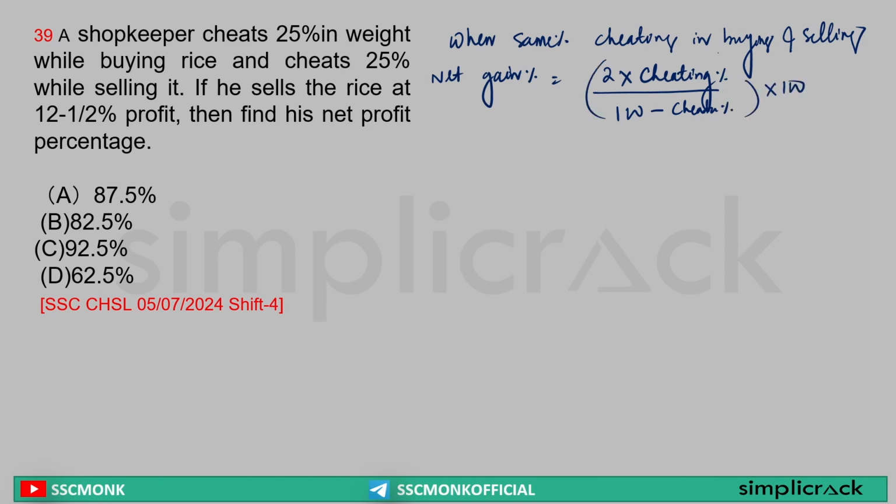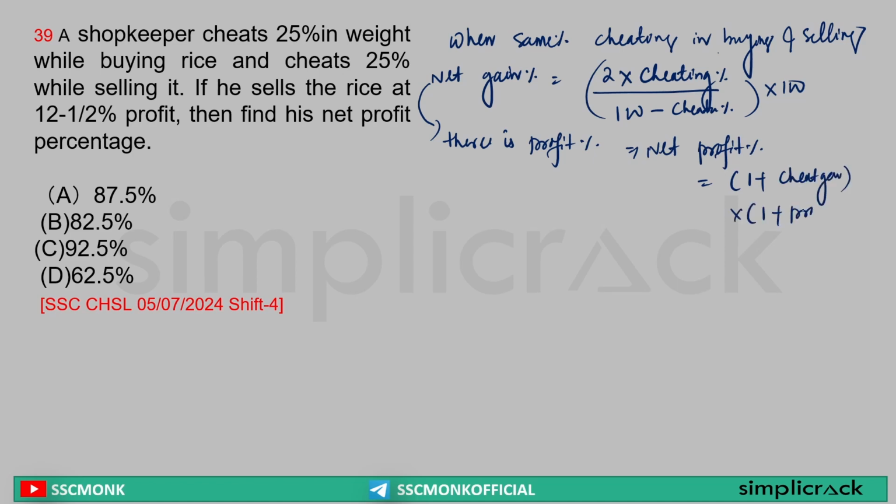Okay. Now, and if on this again there is profit percentage, then net profit percentage is equal to 1 plus cheat gain multiplied by 1 plus profit gain, selling profit gain, minus 1. This is in fractions. Now let's solve this.